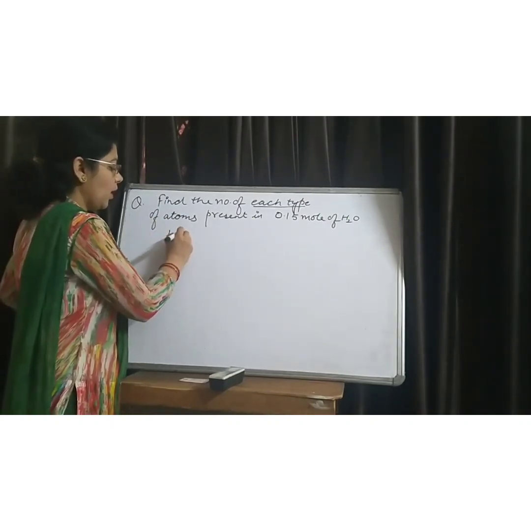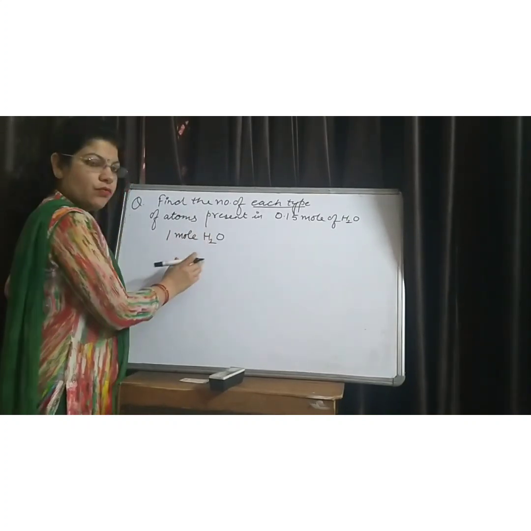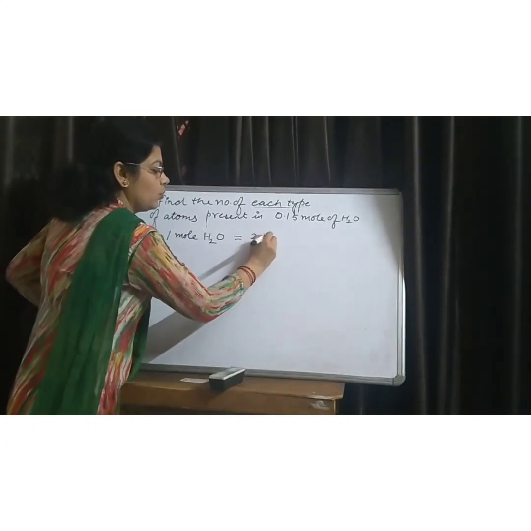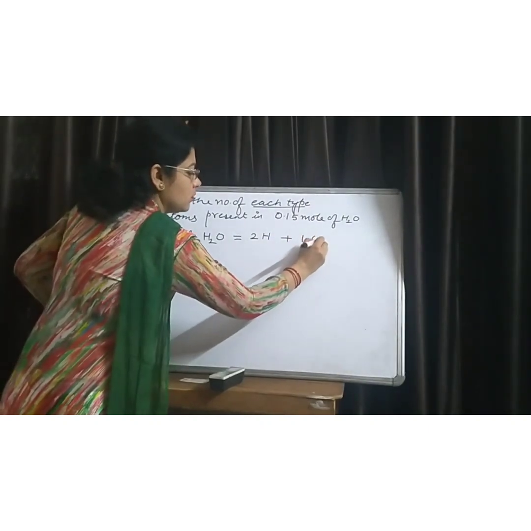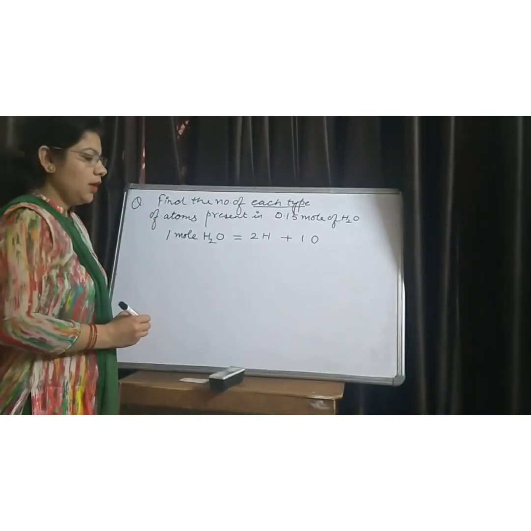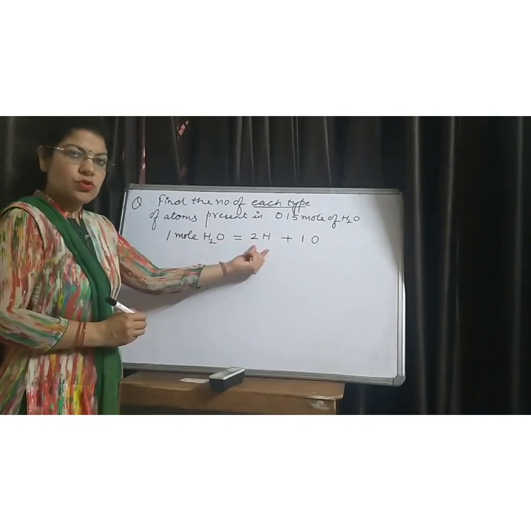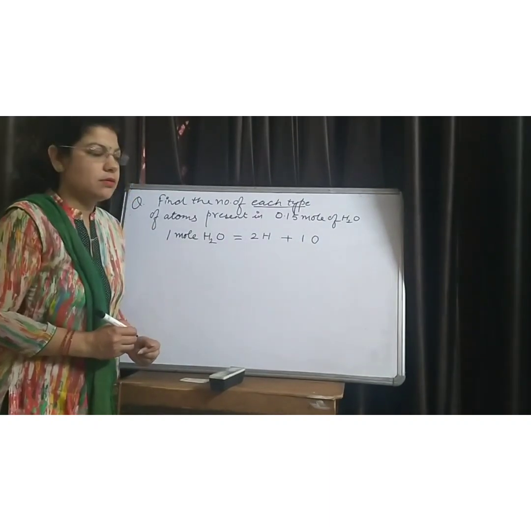For 1 mole of water, it has 2 hydrogen atoms and 1 oxygen. In 1 molecule of water, there are 2 moles of hydrogen atom and 1 mole of oxygen.